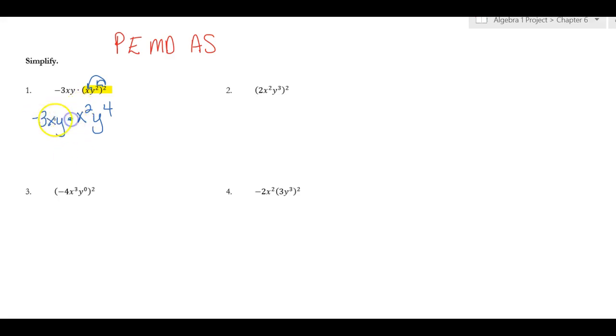And so now negative 3 times 1 is just negative 3. I have 1 plus 2, so I have 3 x's. And I have 1 plus 4, so I have 4 y's.